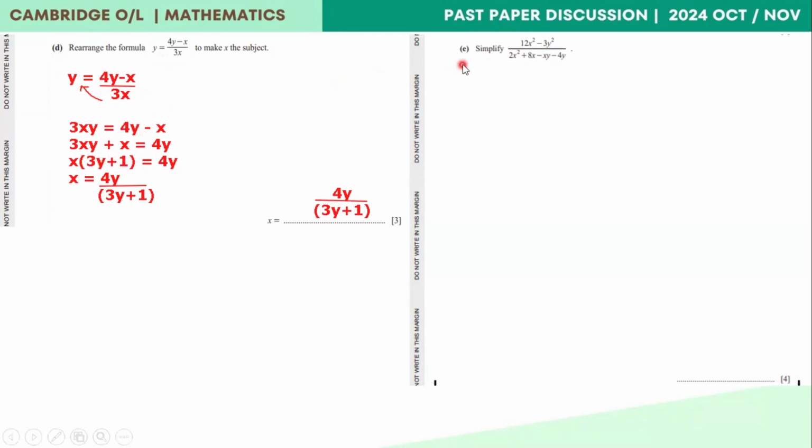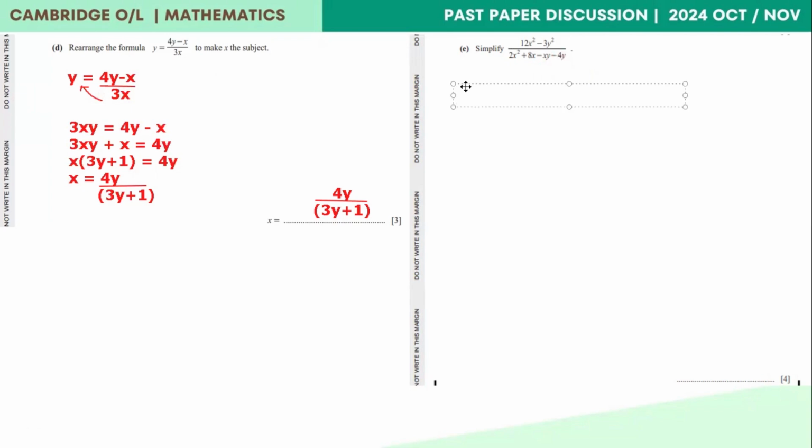So to E question, simplify 12x square minus 3y square over 2x square plus 8x minus xy minus 4y. So for this question, we have to again factorize. So we'll do both the factorizing separately.